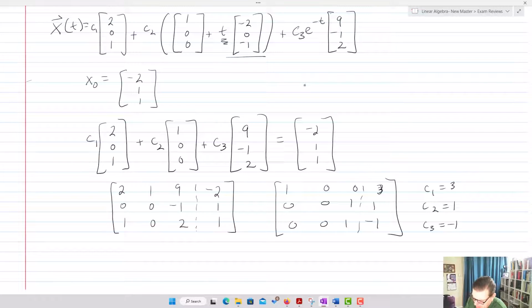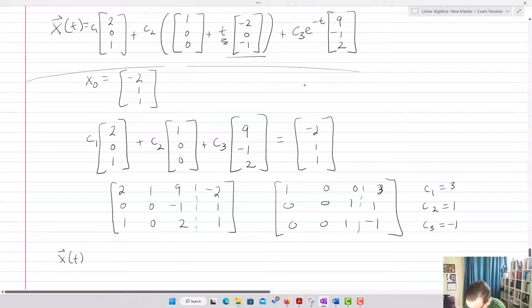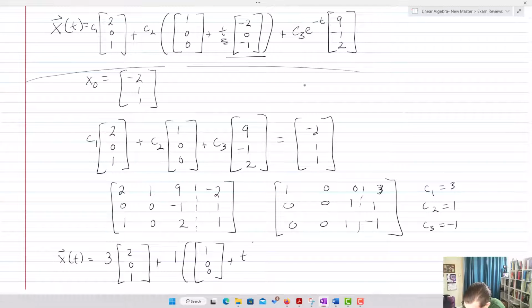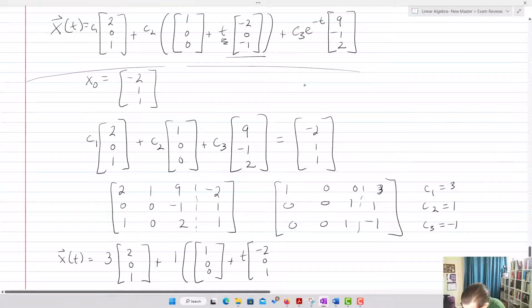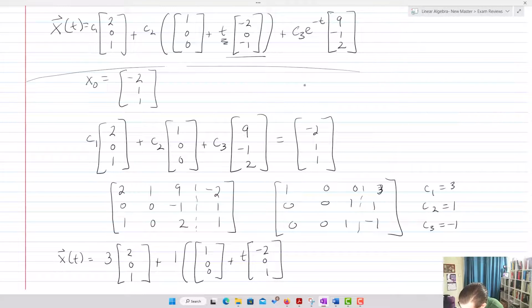Now I can plug that back into my solution to give me my particular solution. x of t equals 3 times (2, 0, 1) plus 1 times (1, 0, 0) plus t times (negative 2, 0, negative 1) minus e to the negative t times (9, negative 1, 2).